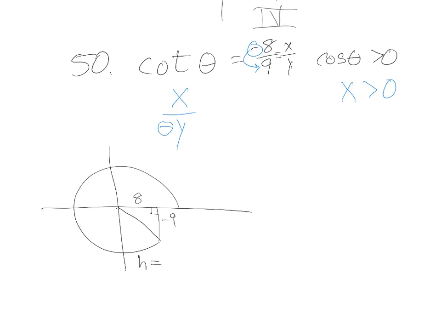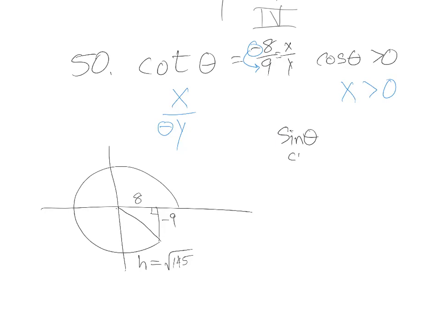Those are both prime. 3 won't go into it. I'm asking, I don't know. I haven't done it yet. Did anybody figure out one that goes into it? Otherwise, you're going to have to use the square root of 145. For the sake of time, we'll use the square root of 145. That's your hypotenuse.